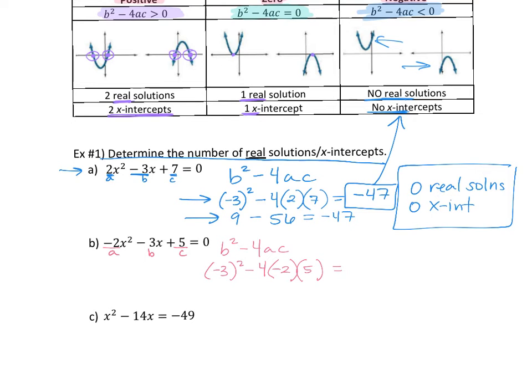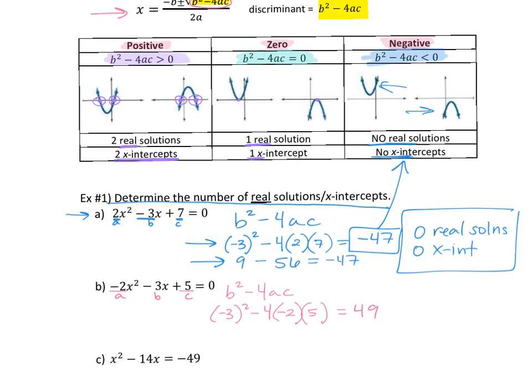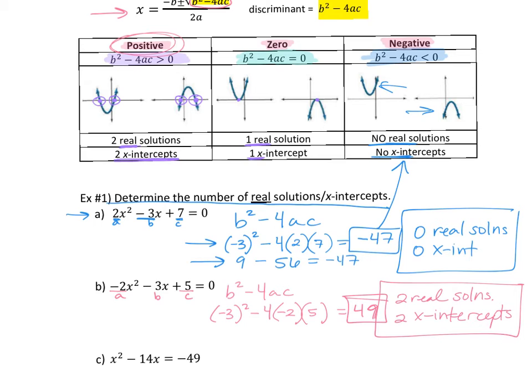When you plug this into your calculator, you should get 49. And we said when the discriminant is positive, you should have 2 real solutions, which means you'll have 2 x-intercepts, when we get 49 as our discriminant.